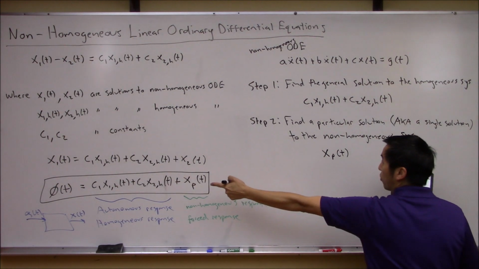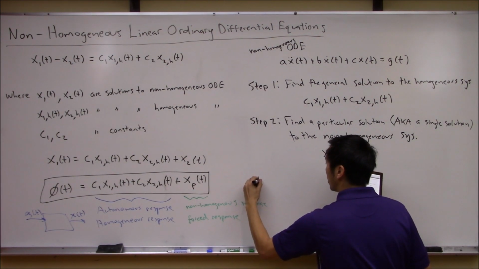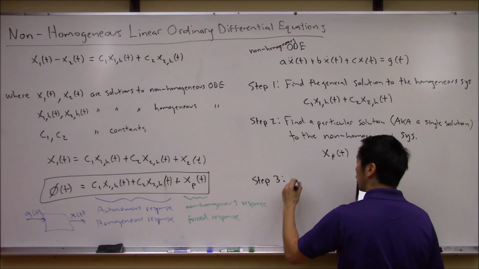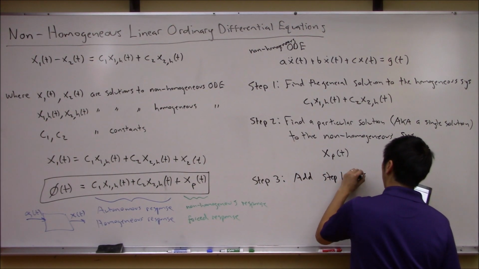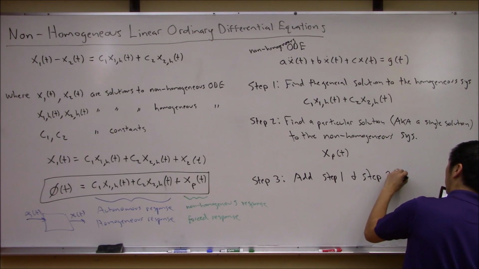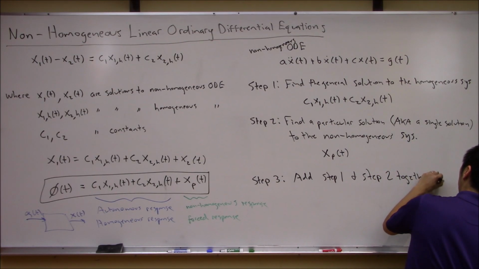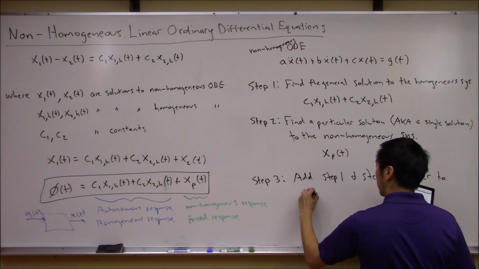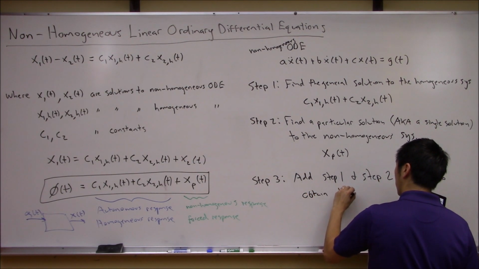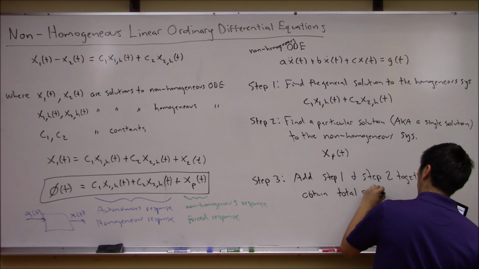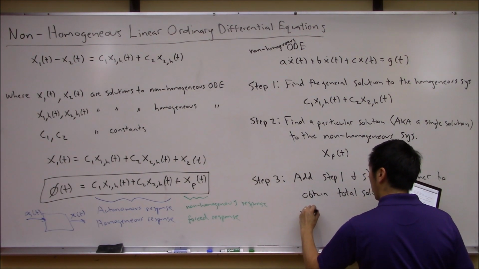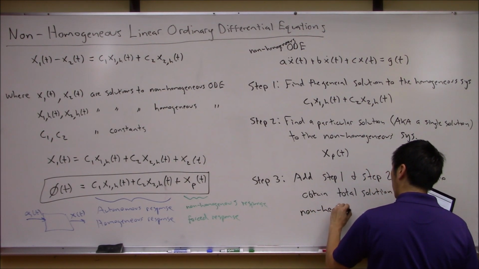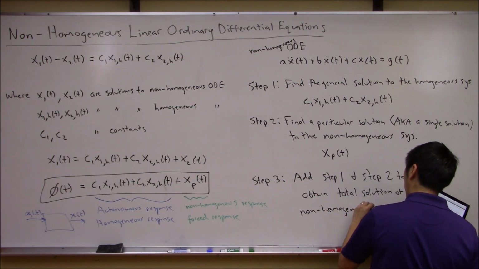And then, according to our little equation over there, step three is just add the results from step one and step two together to obtain the total solution of the non-homogeneous system, right?